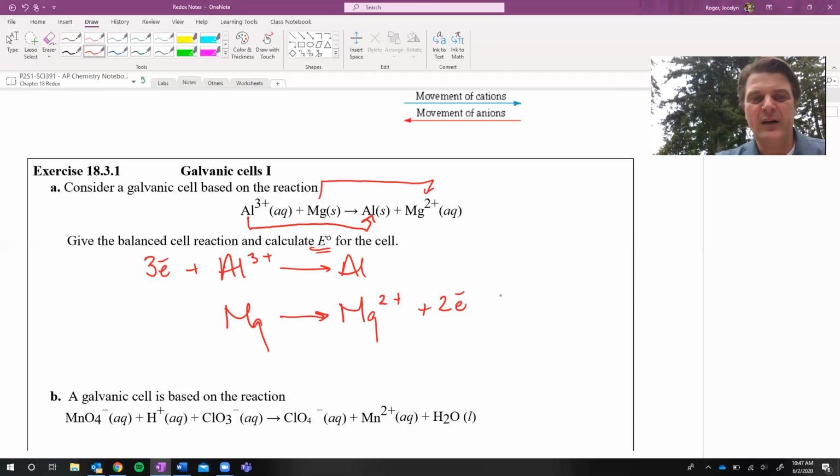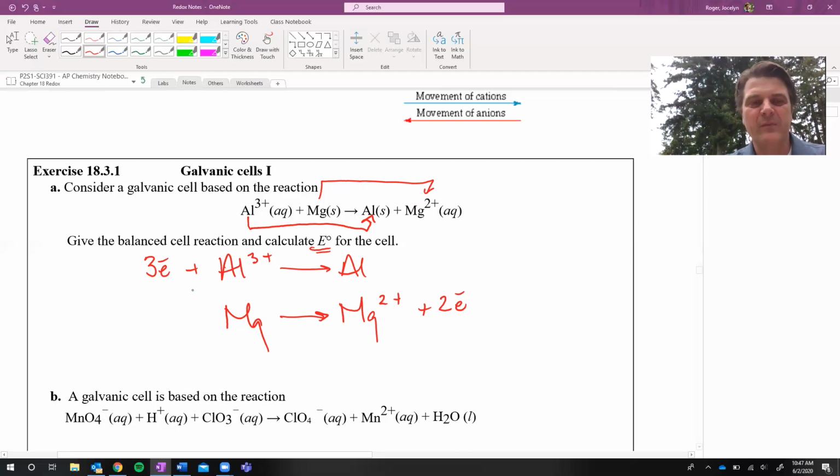Now we have to look at the cell potential table, and we're going to locate these two half reactions. Al3+ plus 3 electrons gives Al.